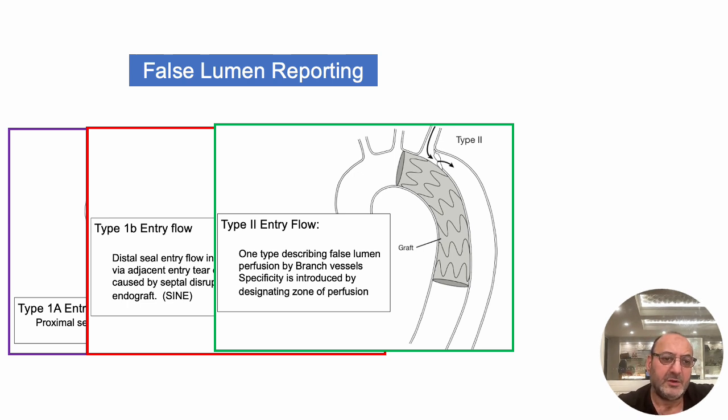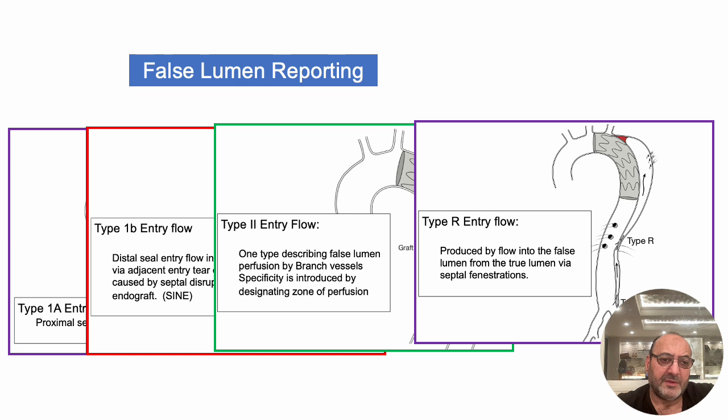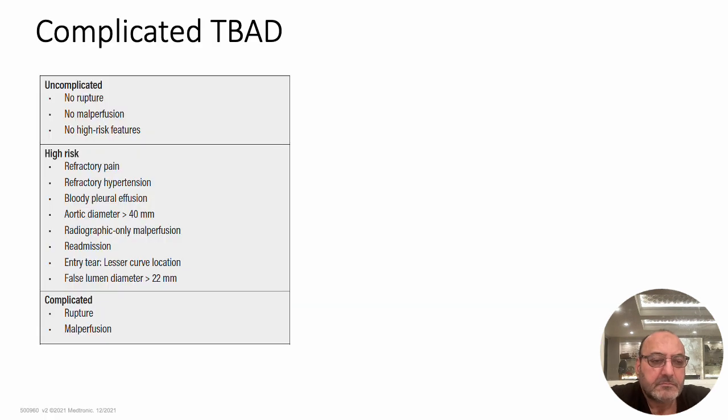Type R entry flow is produced by flow into the false lumen from the true lumen via septal fenestrations, and that is sometimes what causes the false lumen to enlarge. This is an important distinction that we have to appreciate and know very well.